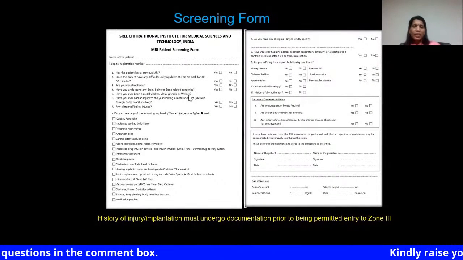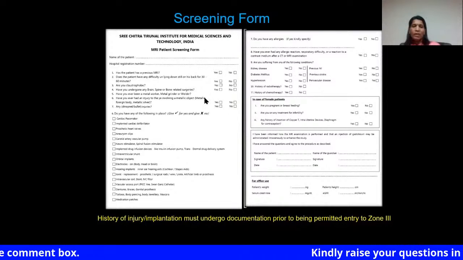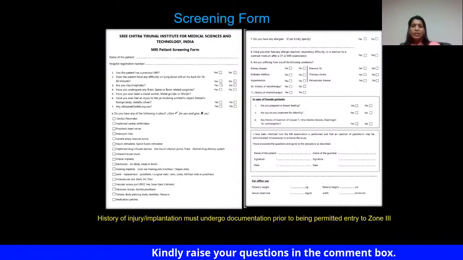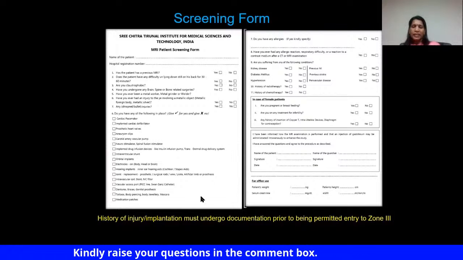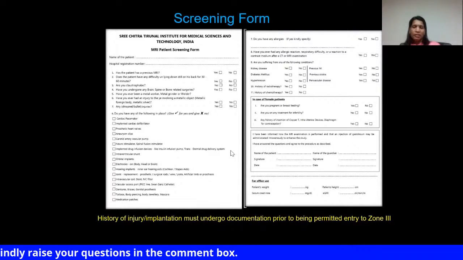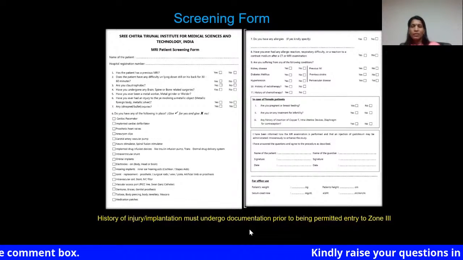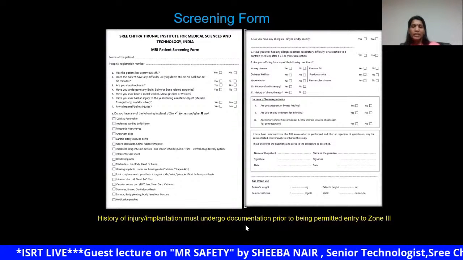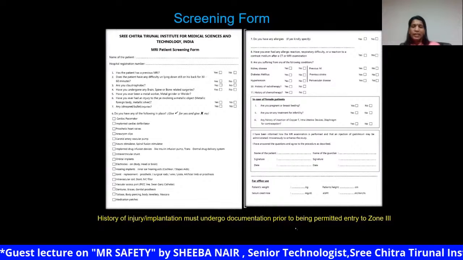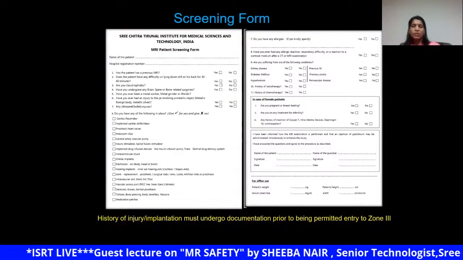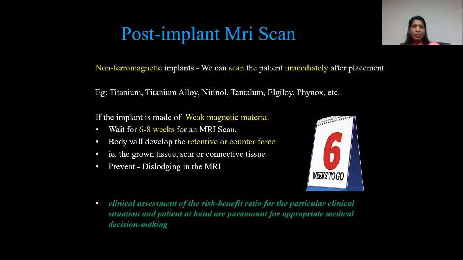So all facilities should have a dedicated screening form covering all safety aspects of implants. So once it is identified that there is an implant, the patient should undergo further investigation or documentation for checking its MR compatibility before being permitted into zone 3.